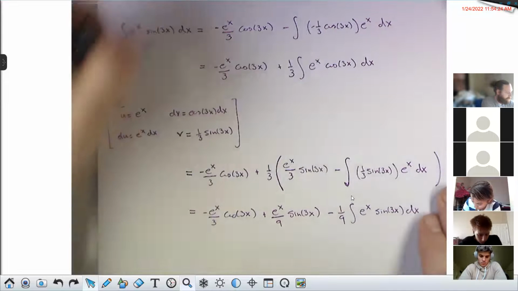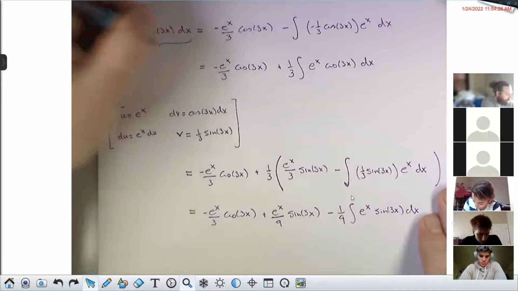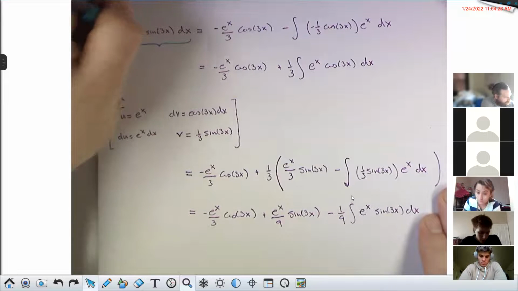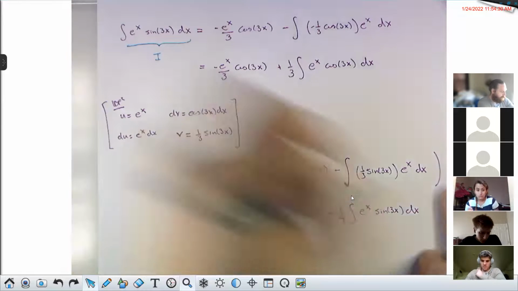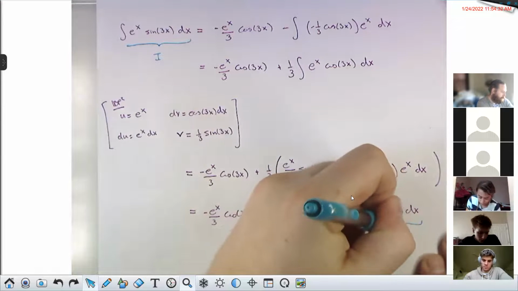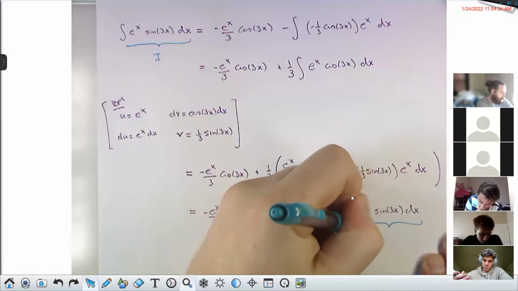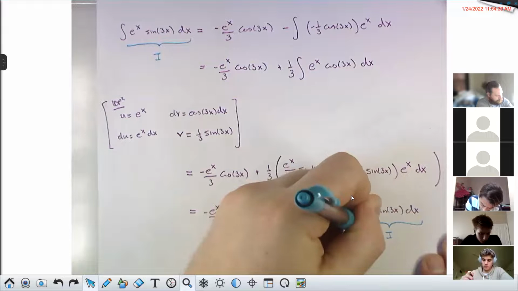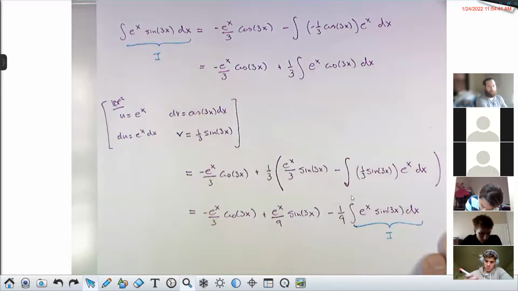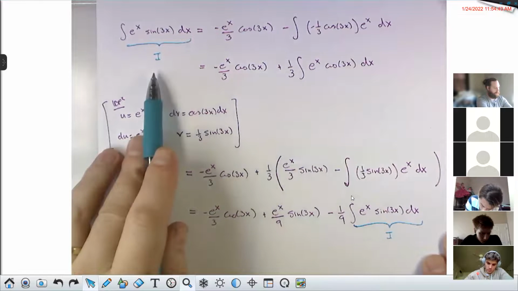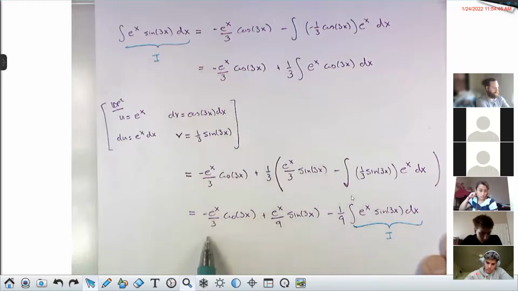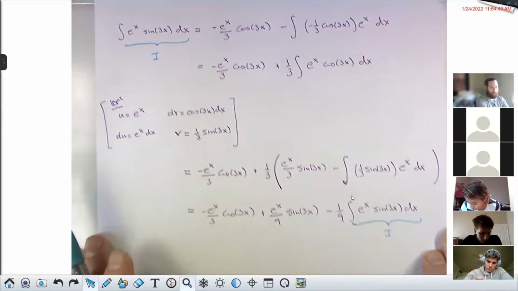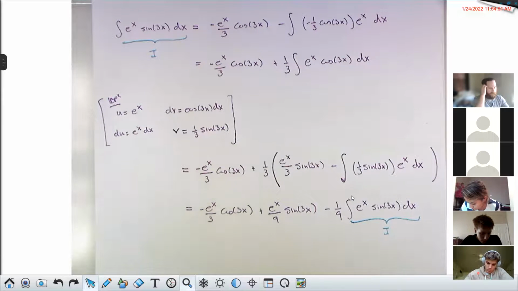So if I label this as I, and this as I, then I have I equals this stuff minus 1/9 times I. I'm going to add 1/9 I to both sides.